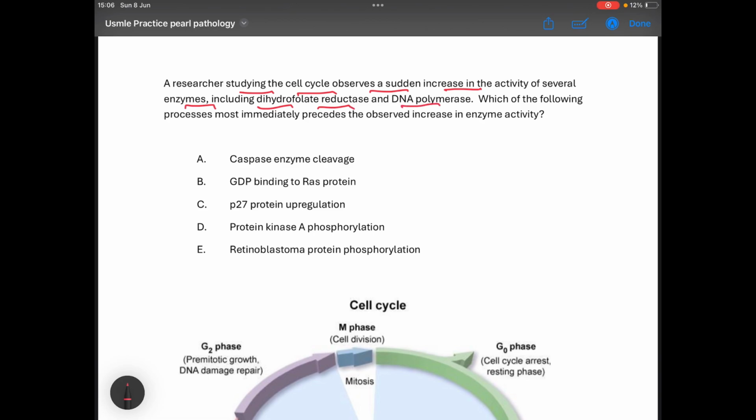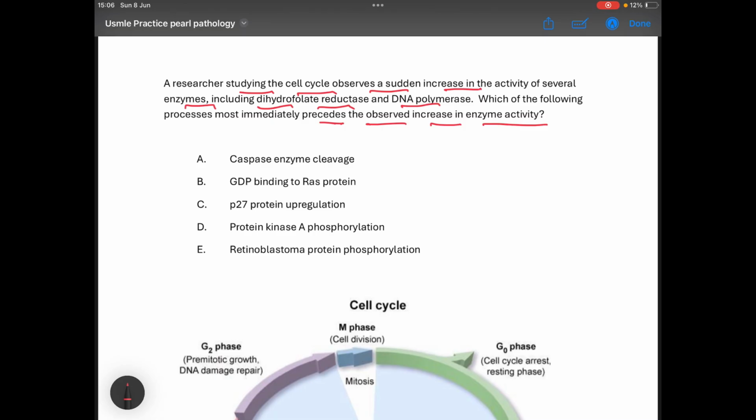Which of the following processes most immediately precedes the observed increase in enzyme activity? We are saying researchers doing a study in the cell cycle see a sudden increase in several enzymes, including dihydrofolate reductase and DNA polymerase.